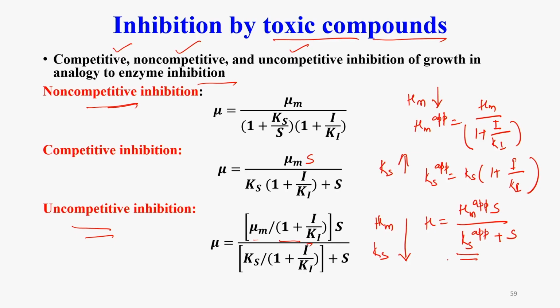What is Ks apparent? Ks apparent here is decreased, not increased: Ks divided by 1 plus I upon Ki. So, in this way, if there is inhibition due to presence of a toxic compound, we should be able to analyze particularly what is the concentration of inhibitor and what is the rate of inhibition.